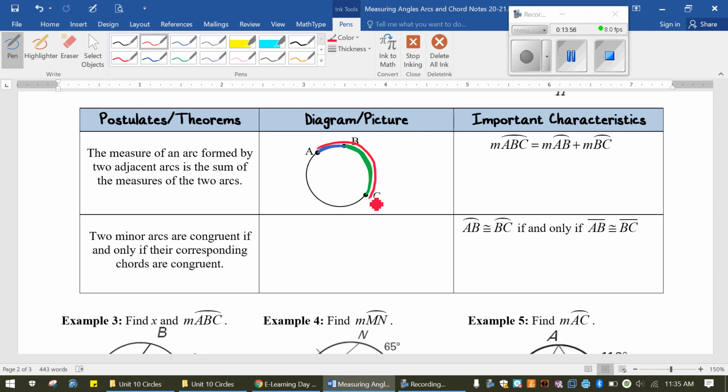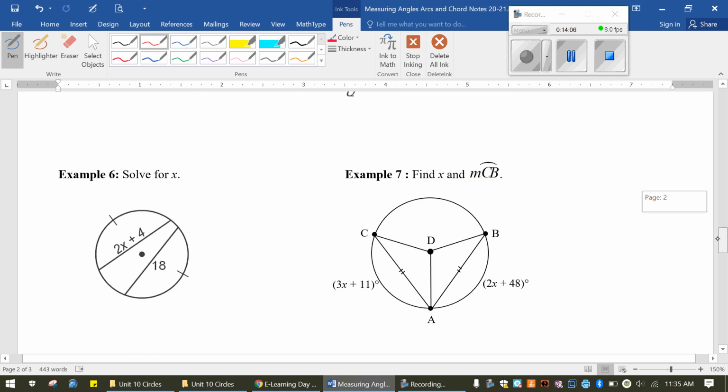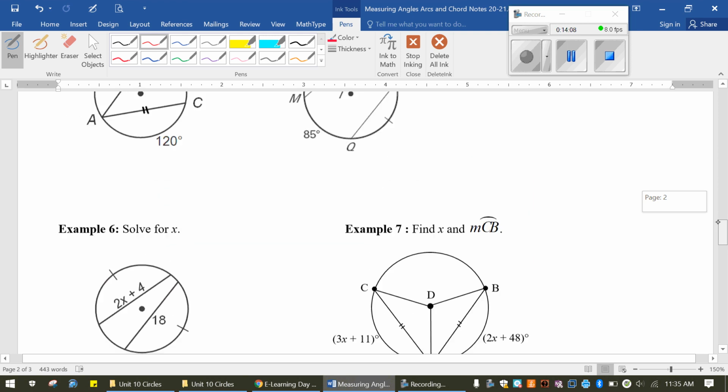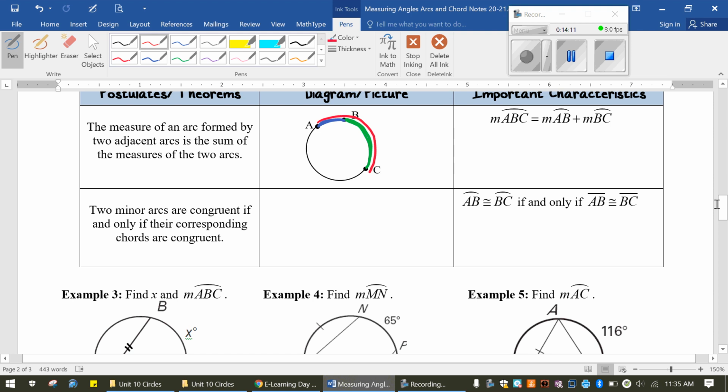and 2. Okay, so the next one: two minor arcs are congruent if and only if their corresponding chords are congruent. So it looks like I'm missing the diagram here, so I will fill one in for you, I guess.